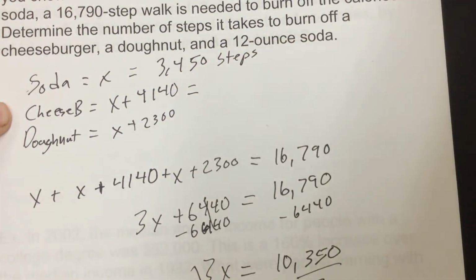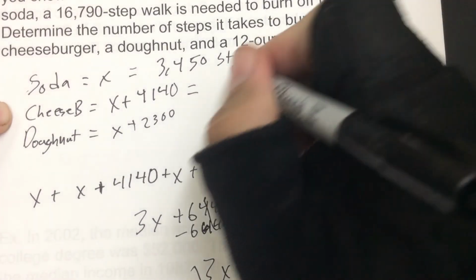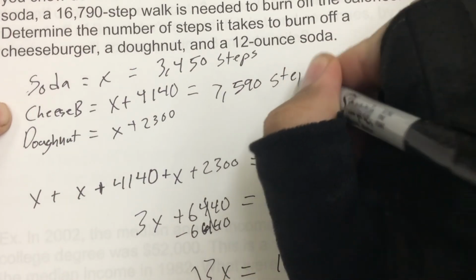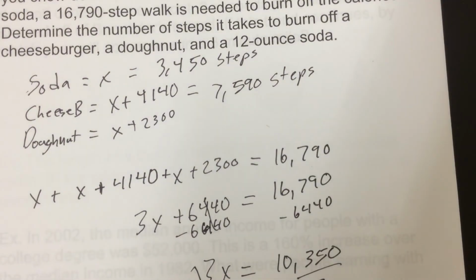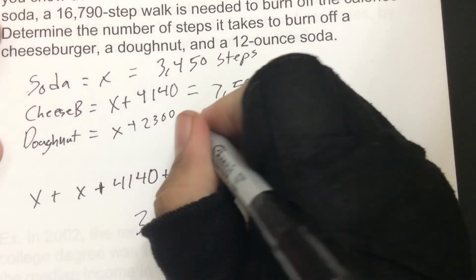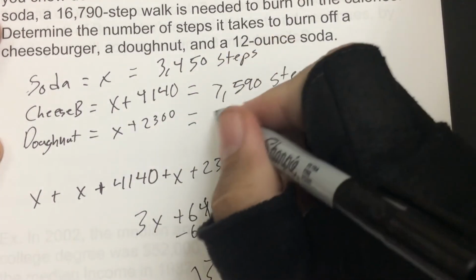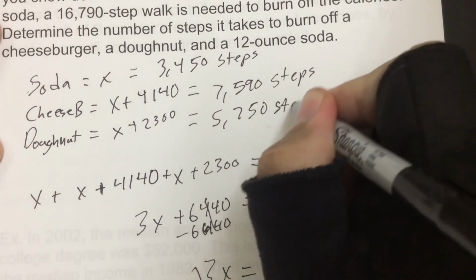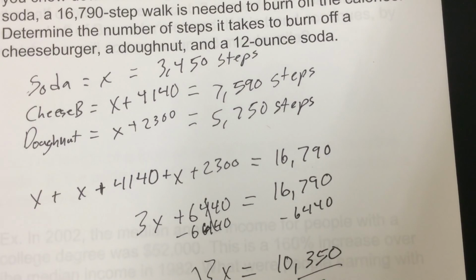Cheeseburger was at 3,450 plus 4,140, so it's going to end up being 7,590 steps. And lastly, the donut. We take that 3,450, add the 2,300, and I have 5,750 for our steps.